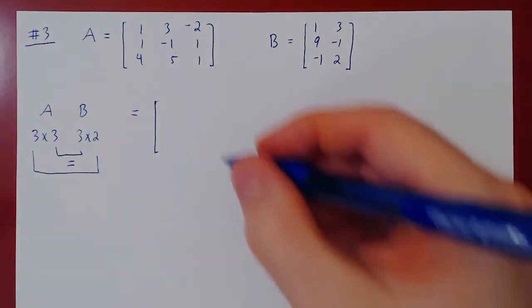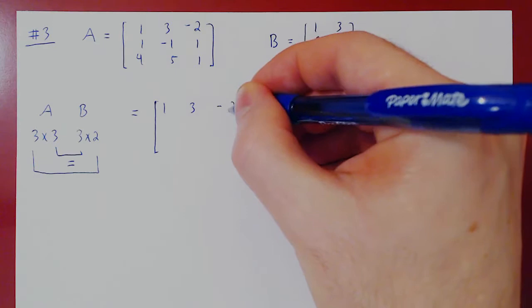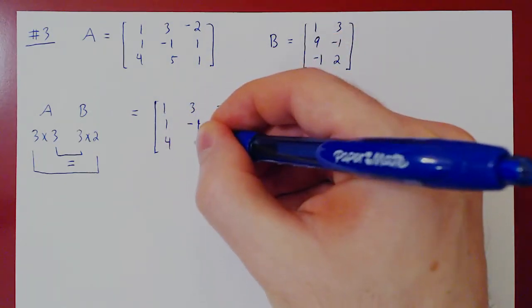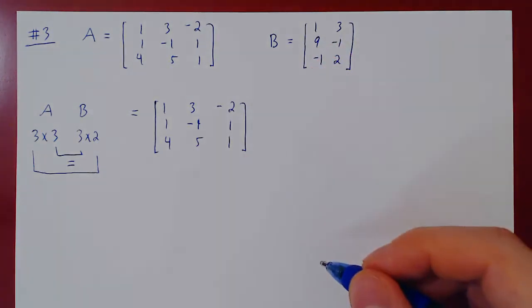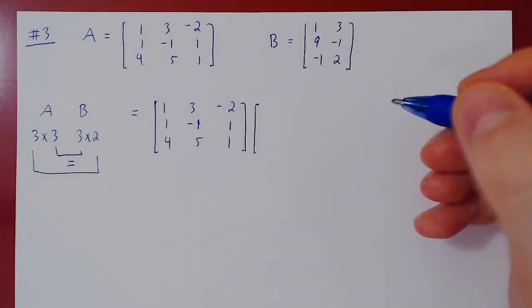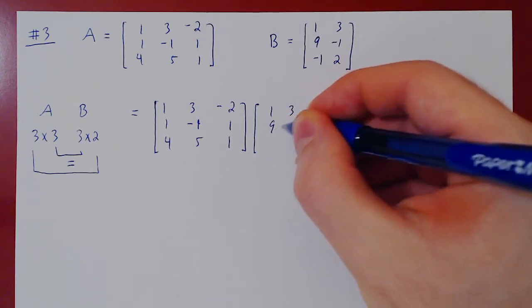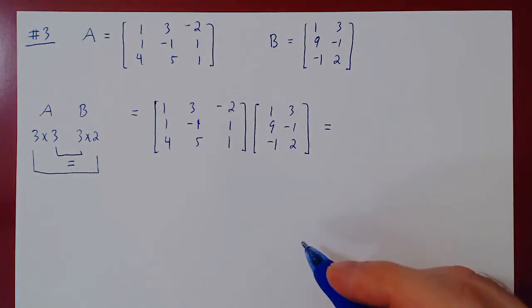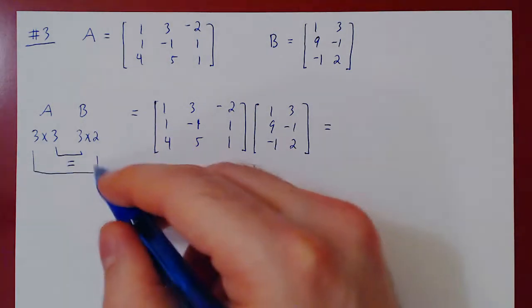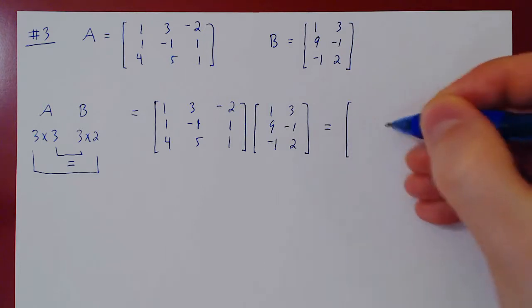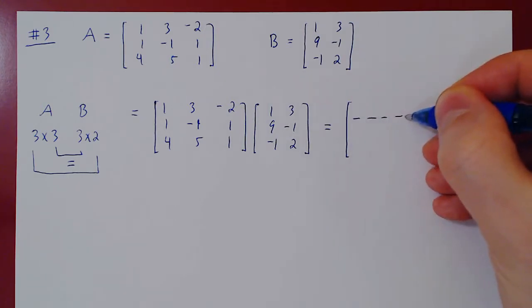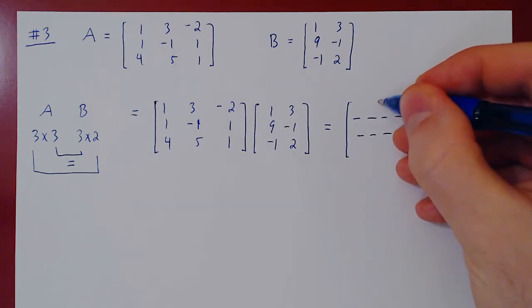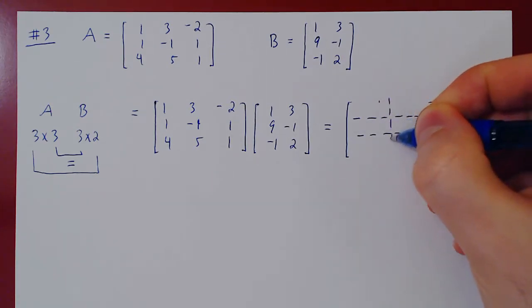Let's perform our multiplication: A times the matrix B. The result, as we have just said, will be a 3 by 2 matrix, so 3 rows and only 2 columns.